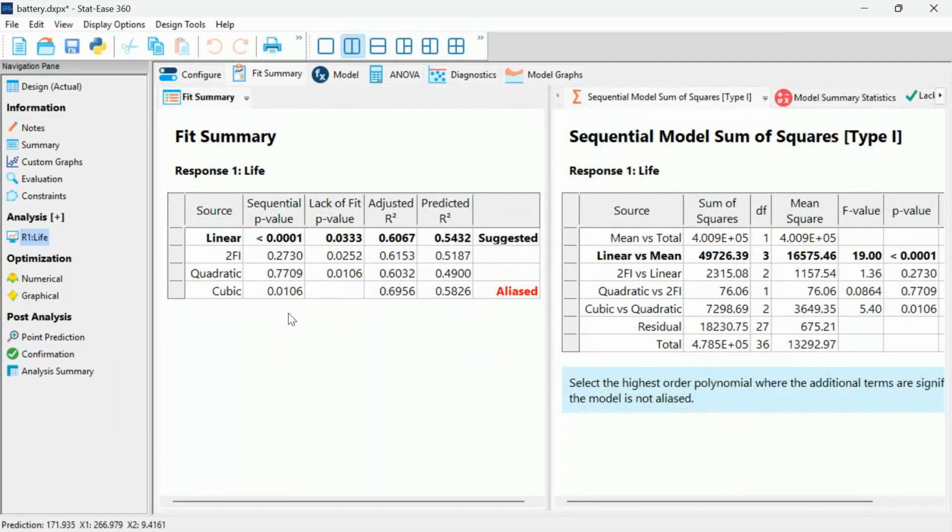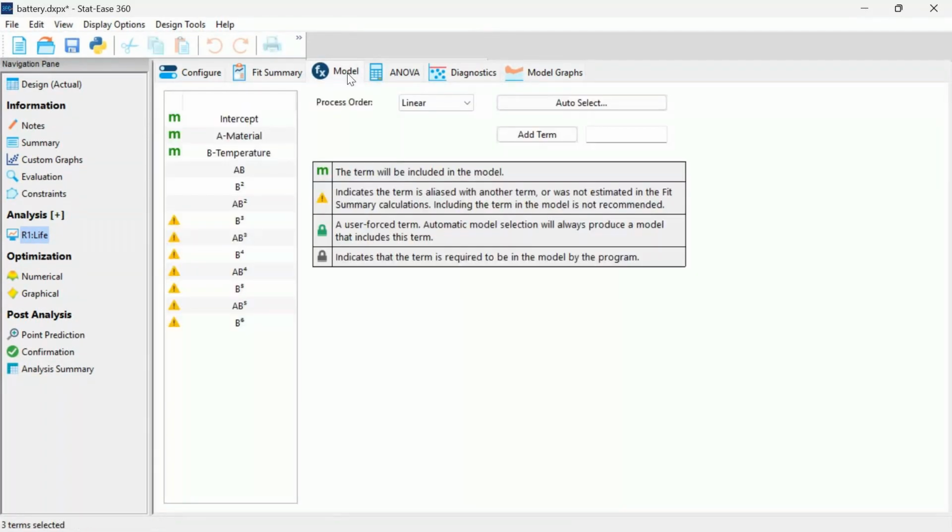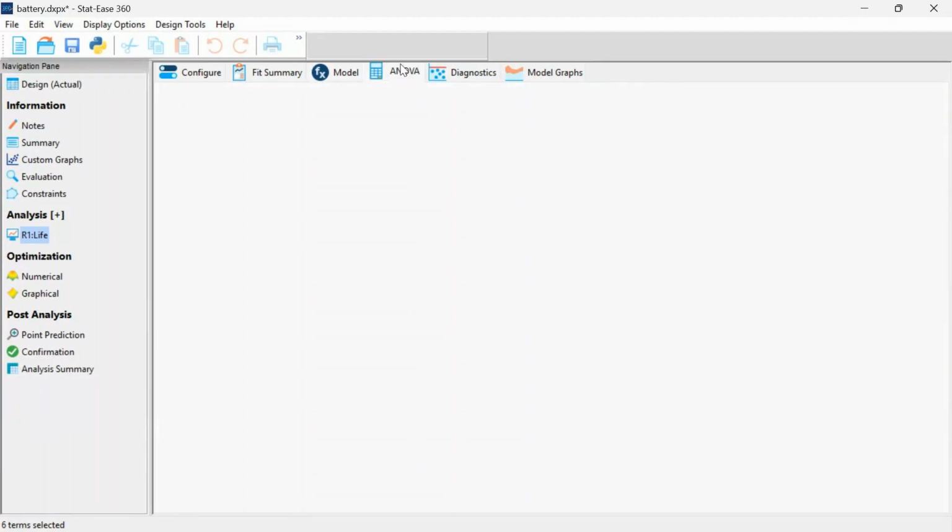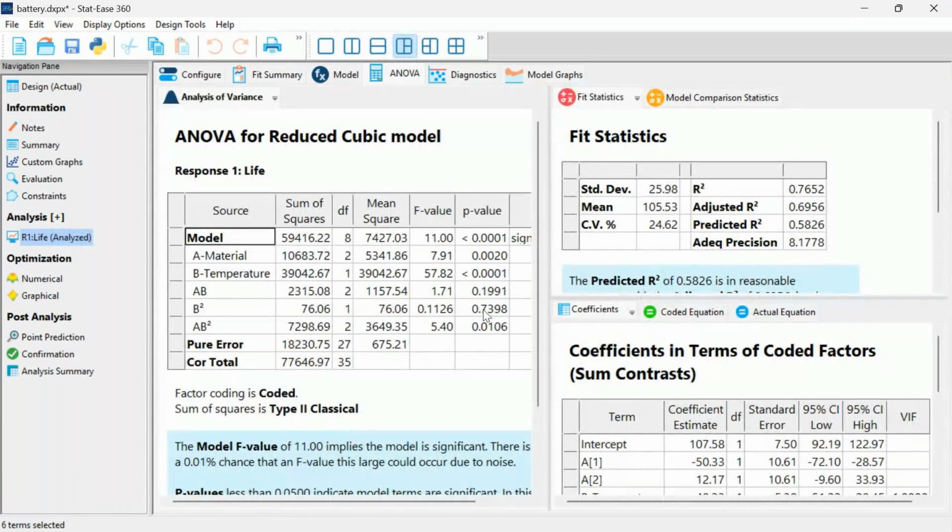But what we don't have here is the fact that there is some advantage to putting in a cubic term, and I can trick the program into doing this because I know that temperature is a continuous factor. And so I'm going to put the AB interaction, I'm going to put the squared term for B, and I'm going to force this into a third order polynomial model, AB cubed included, because I can. And it turns out that that AB cubed is significant.